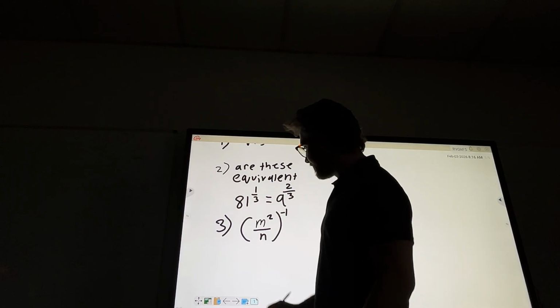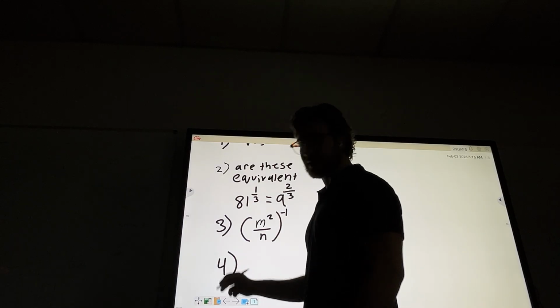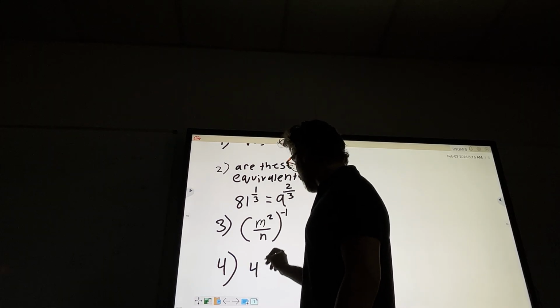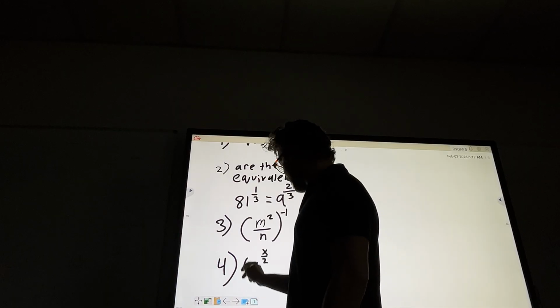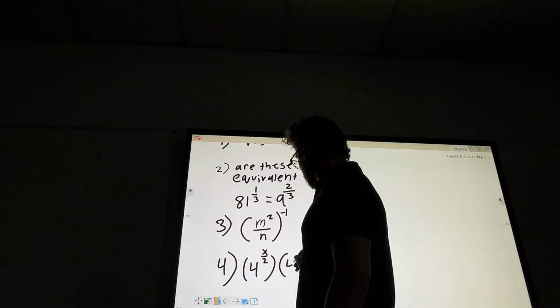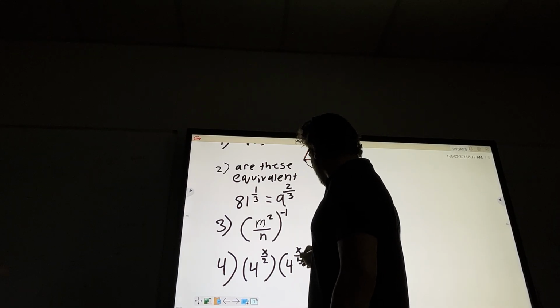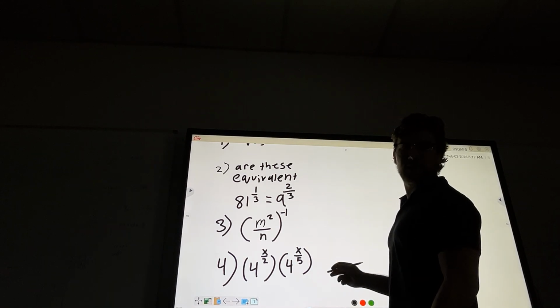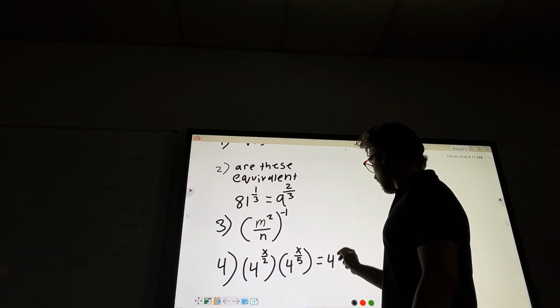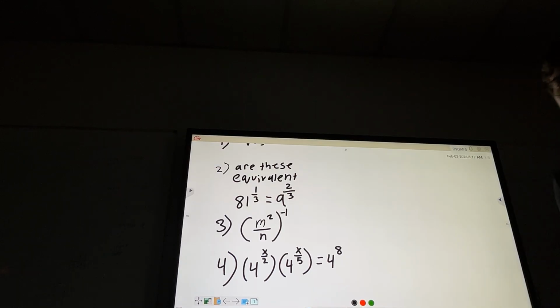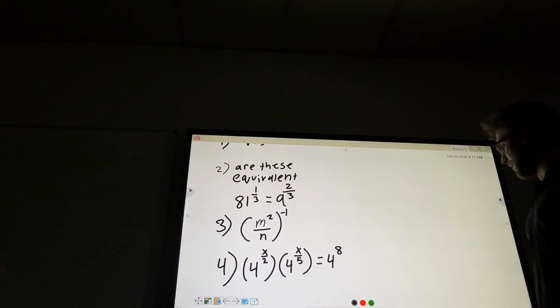And then our last one for these examples, let's do 4 to the power of x over 2 times 4 to the power of x over 5, and have all of that equal 4 to the power of 8. Try these at this time, and let's go through them.